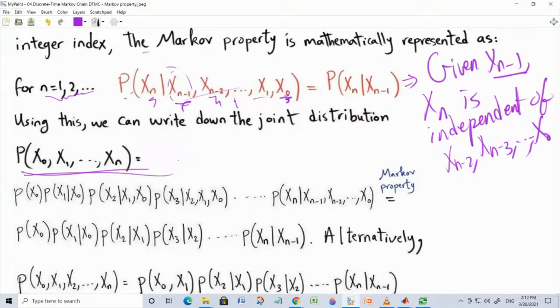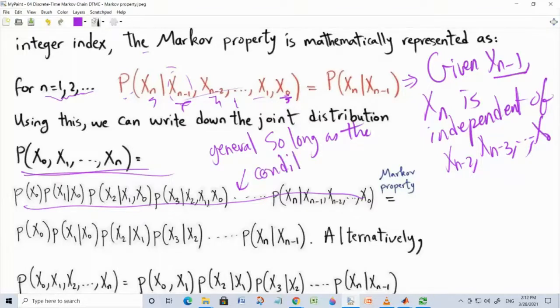This is general, so long as the conditional distributions are defined.